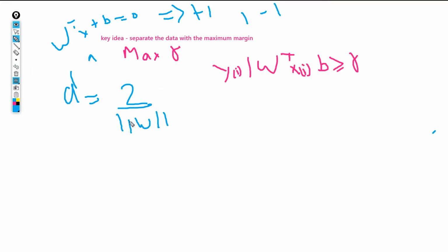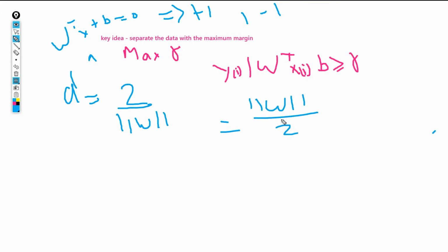Either we can just maximize this, or, because we are using it like a loss, where we want to reduce the number, instead of maximizing this part we can minimize this part, divided by.